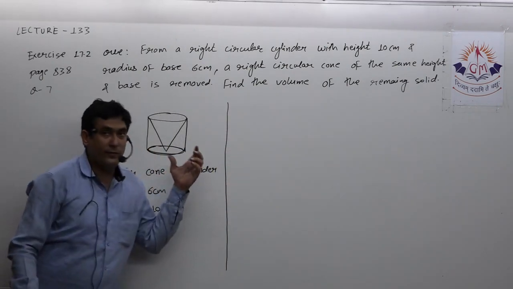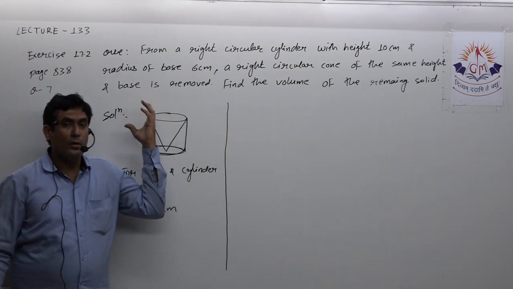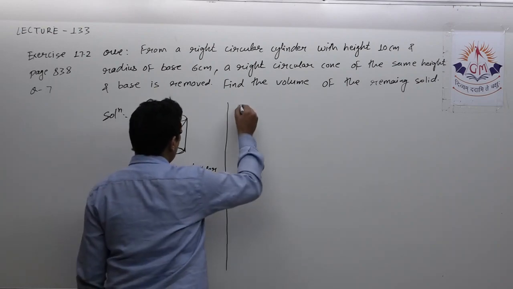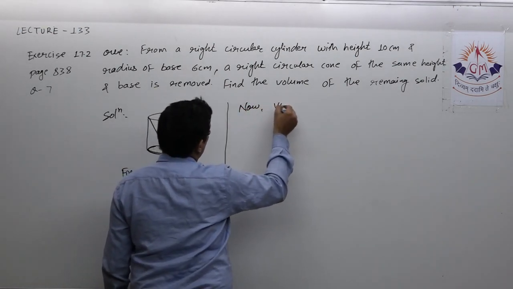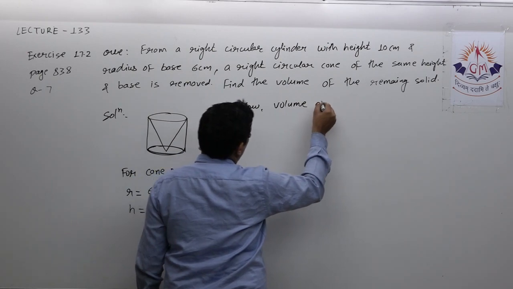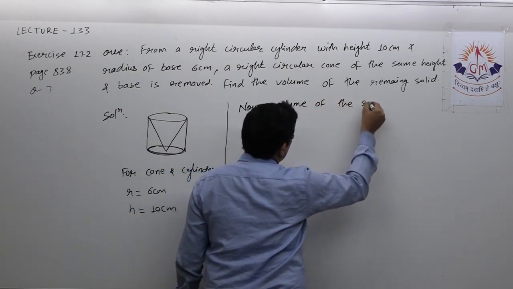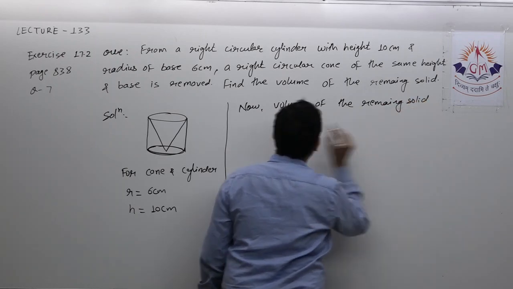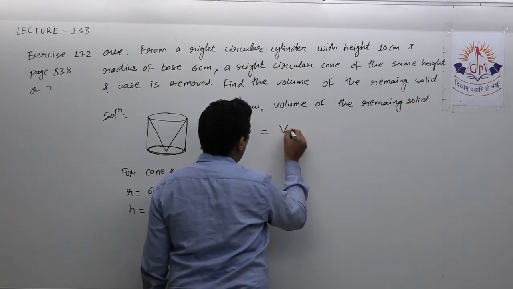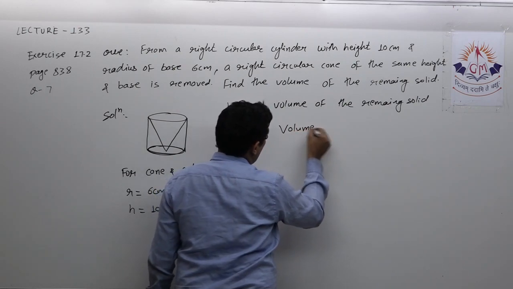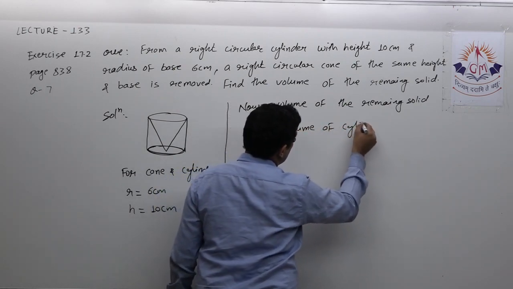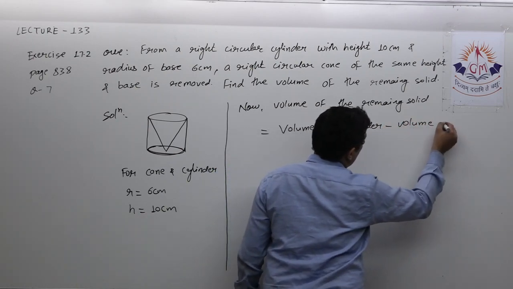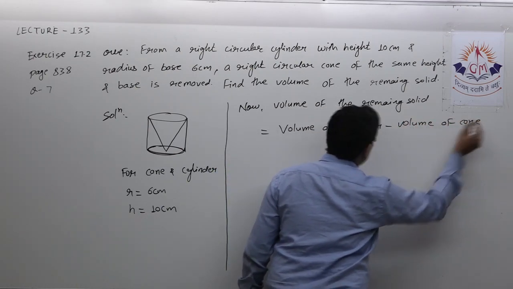Now we have to find the volume of the remaining solid. Simply we subtract the volume of cone from the volume of cylinder, and we'll get the volume of the remaining solid. So volume of the remaining solid is equal to volume of cylinder minus volume of cone.